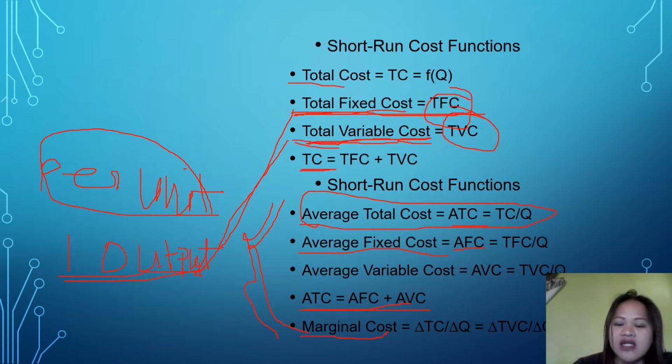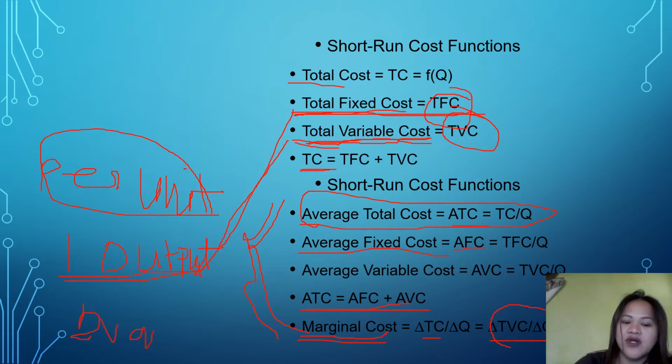The marginal cost could be derived by the change in the total cost divided by the change in quantity output, or simply the change in total variable cost divided by the change in quantity output. So nevertheless, if you're going to solve for the marginal cost, it could be derived by, of course, observing two variables.